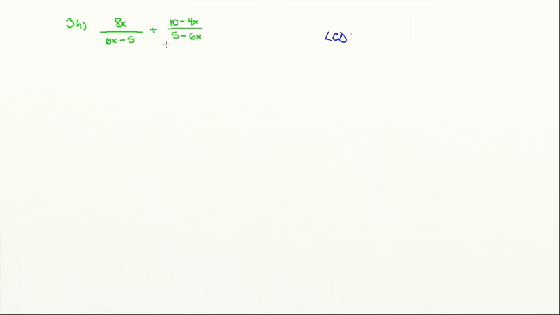I like having my variables first, so I'm going to factor out a negative 1 from this side, and then that makes it negative 5 plus 6x, and I can rewrite that as 6x minus 5. I'm noticing that those are the same, so my lowest common denominator is actually 6x minus 5, and if I look at it, both fractions will have it. I'm going to write this negative sign out in front.